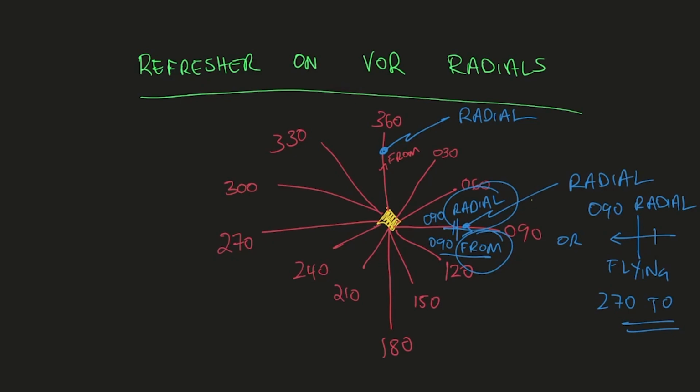It doesn't matter what direction you are. Think of yourself as a dot at that point. The signal doesn't know what direction you're going relative to your heading, and that's why you've got the to versus from flag. So the radials are the beams emanating from the VOR.